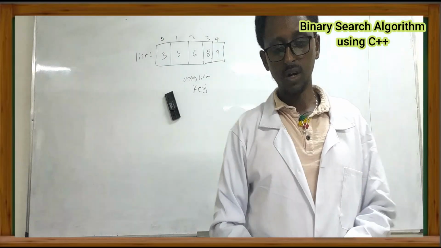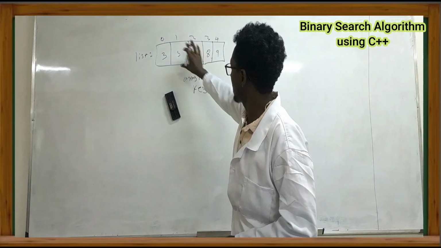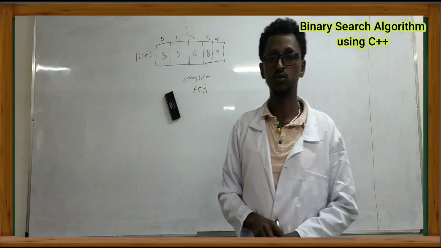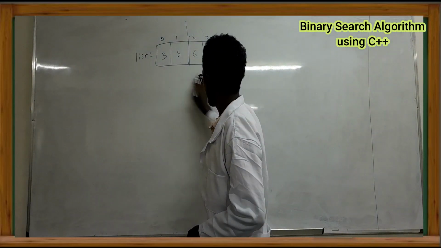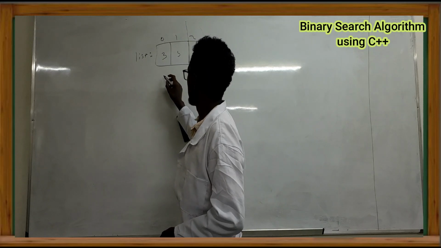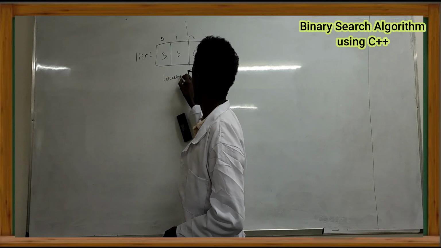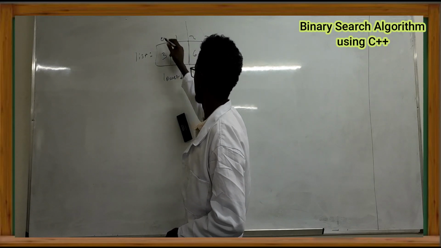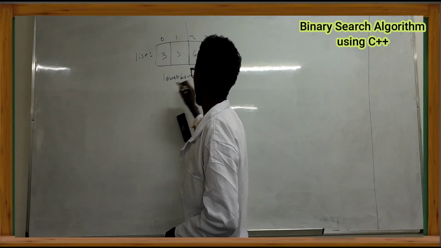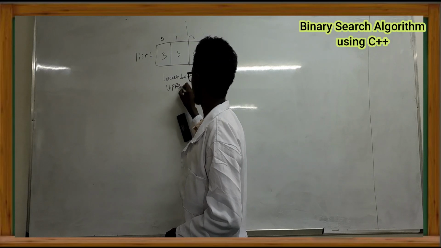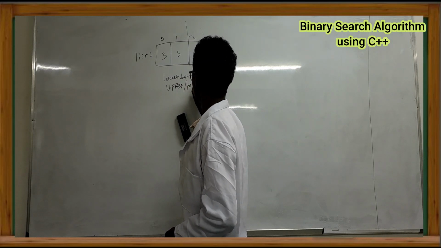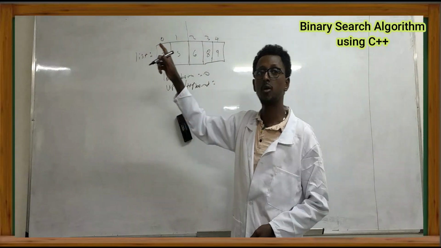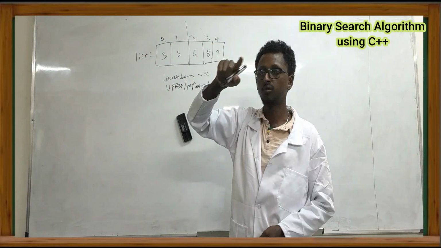So how does it work? First, the array is divided into two by taking the lower bound equal to some value, in this case 0, and the upper bound, or top bound, equal to the top of your array.